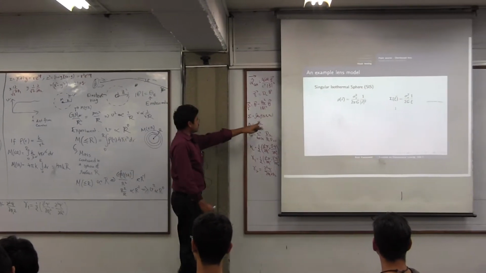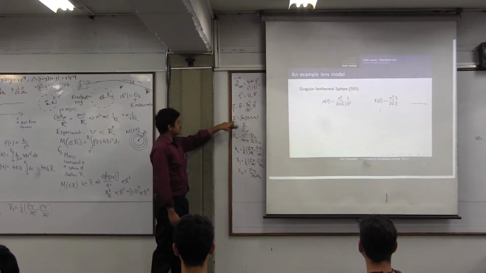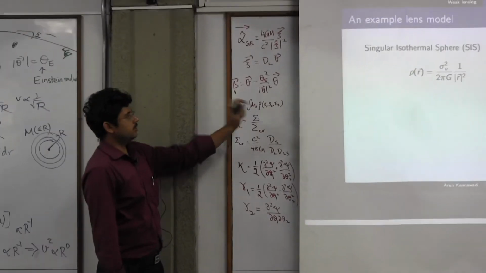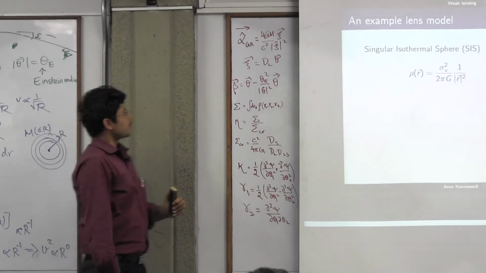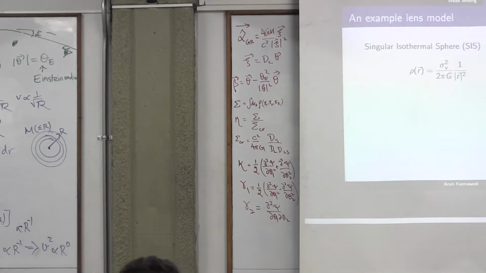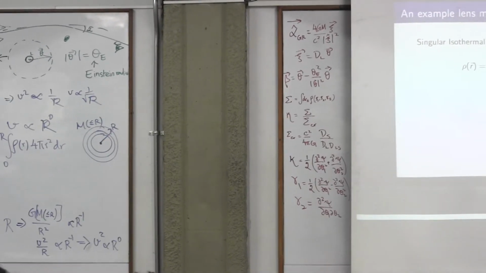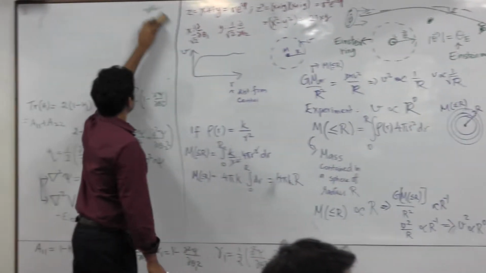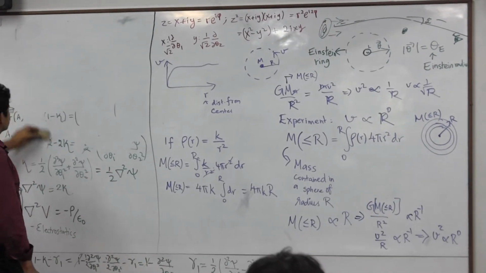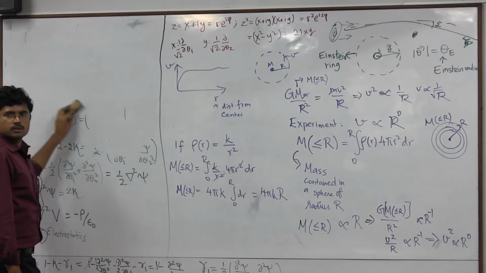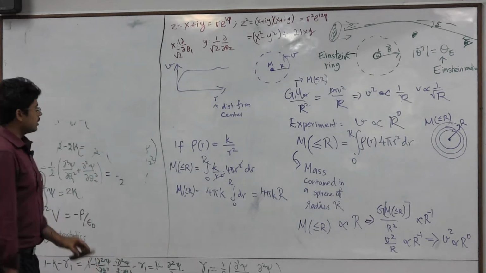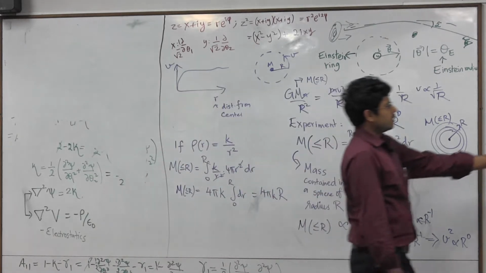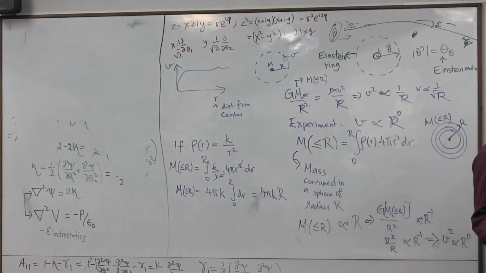The first thing that we need to do is to estimate sigma. So can you do this integral over the line of sight coordinate? So that's the surface mass density, which is defined by this integral. So you have this sphere with a density profile like this.